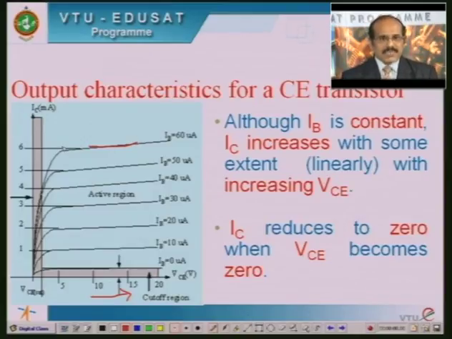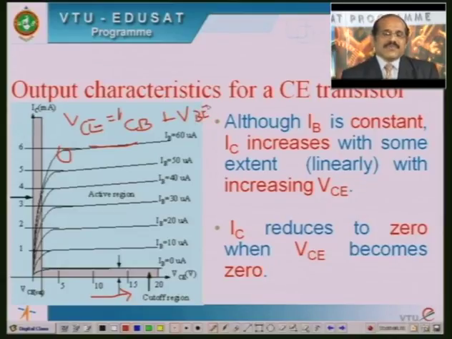Also, you can note that at this knee voltage, VCE is equal to VCB plus VBE. Therefore, VCE is nothing but VCB plus VBE.